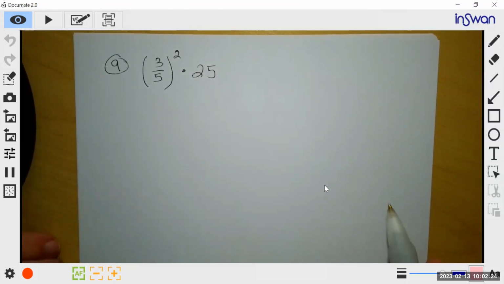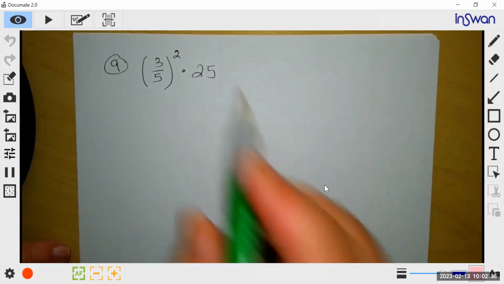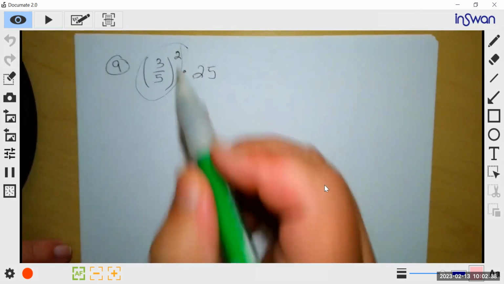I'll show you 2 ways of doing this one. It'll make it a lot easier for you. What would be the first way? If you saw this, what would you do first? Exponent. So I do this first.